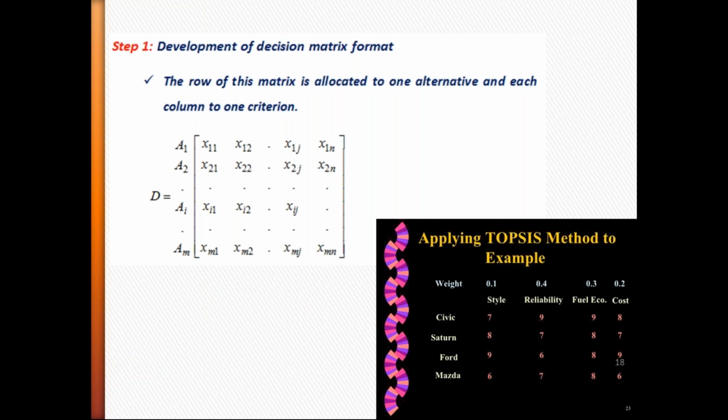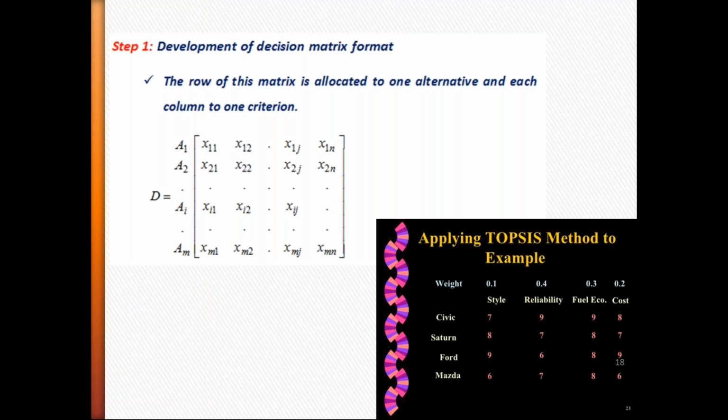I repeat the equation. The normalized value for xij, if we denote it as rij, will be equal to xij divided by the square root of x1j square plus x2j square plus xij square plus xmj square. That is, the addition of squares of all entries in the column in which xij is located.